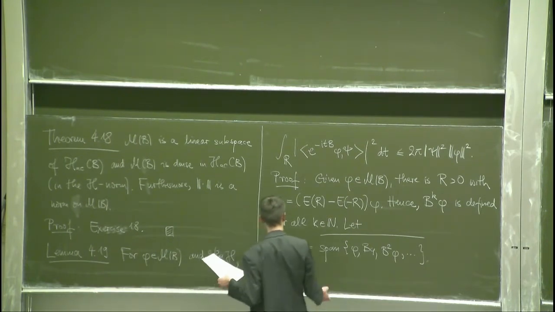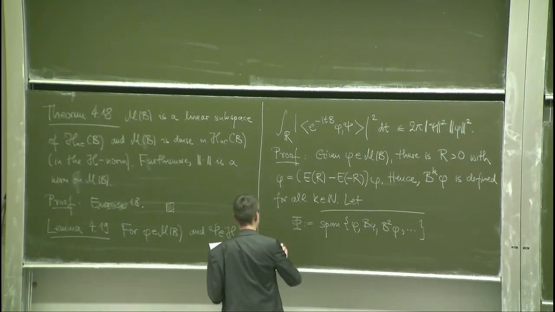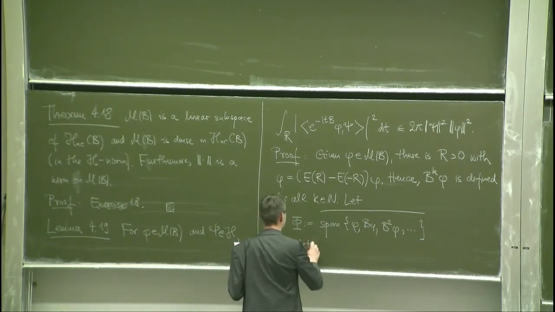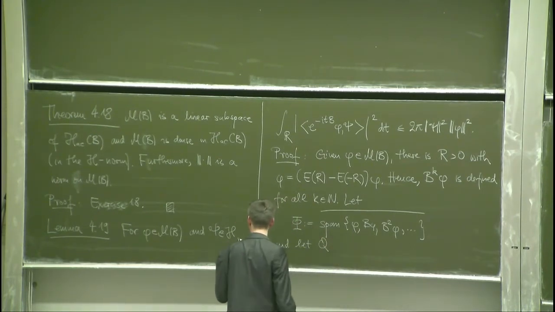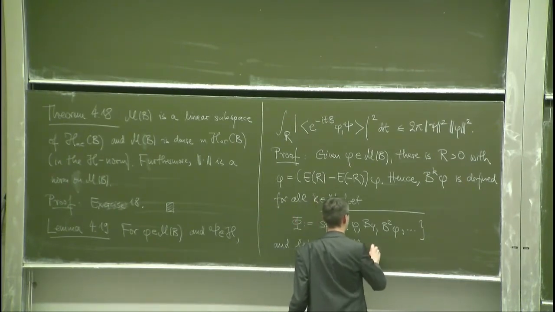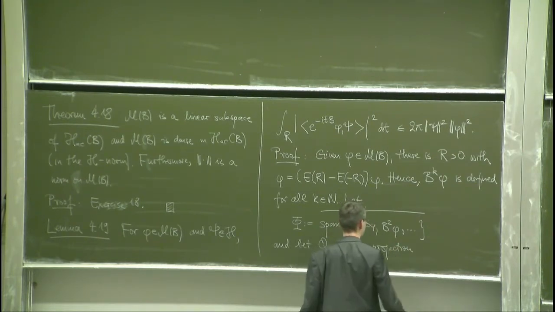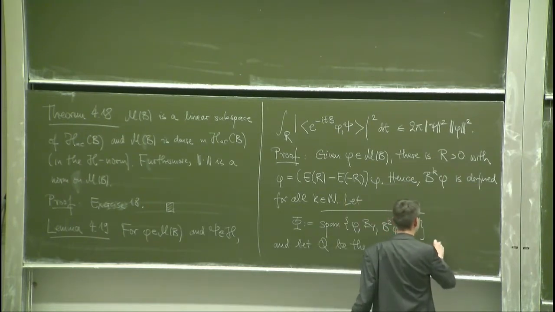Furthermore, let Q be the projection on Phi. So this is the orthogonal projection on this space Phi.